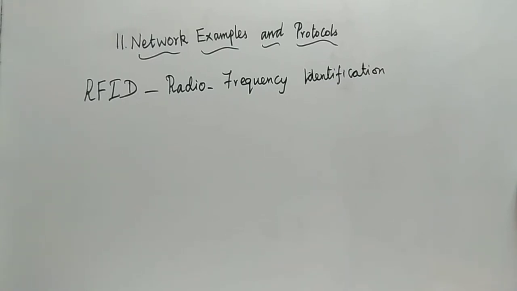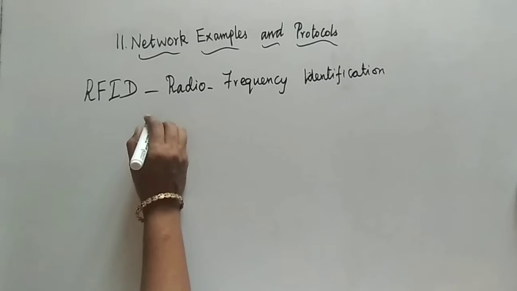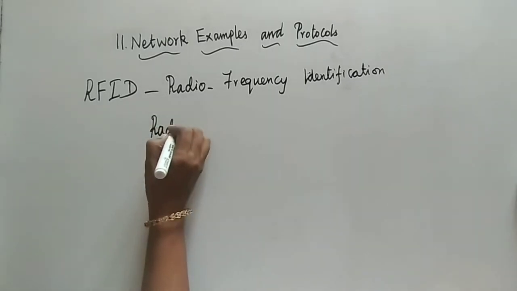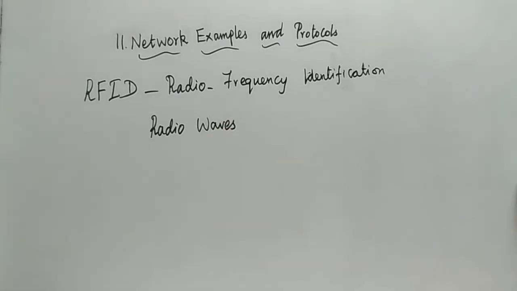First we can see by means of which concept RFID reads the information. It uses radio waves. In the name itself we have the term radio. By using radio waves, this device is going to read and capture the information that is stored on the tag.